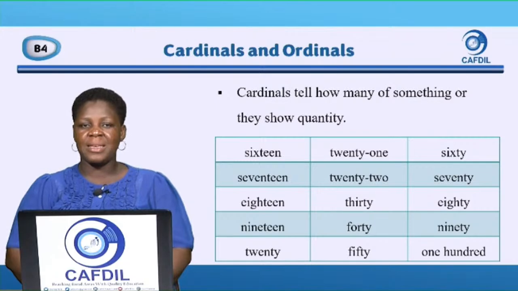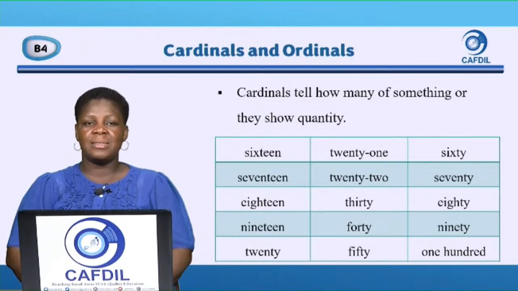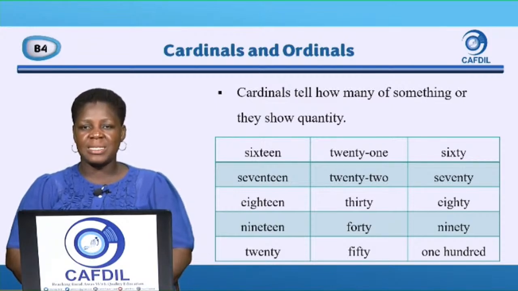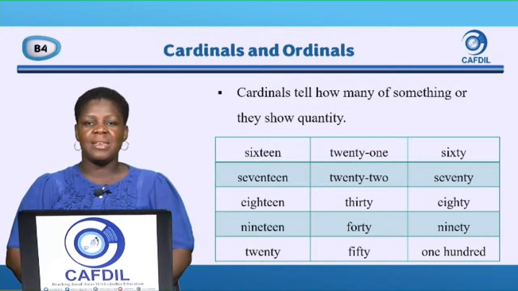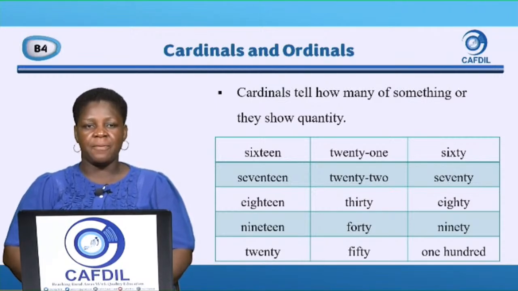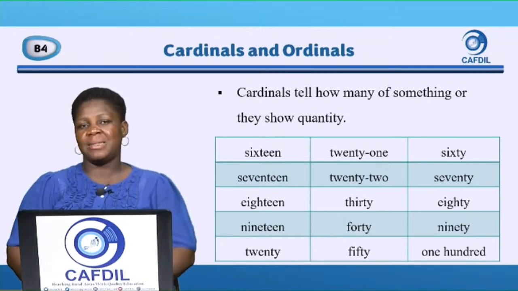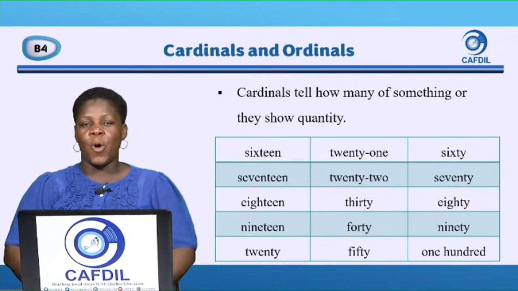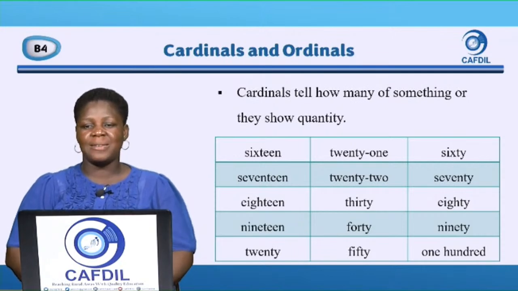We have 30, 40, 50, 60, 70, 80, 90, and then 100. You can count more up to infinity. So these numbers are what we call cardinals. They tell how many of something that a person has, or they show quantity.